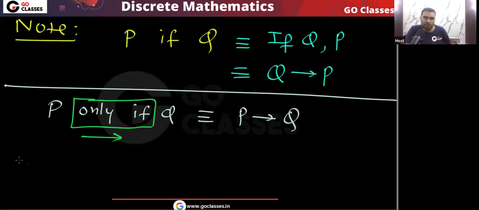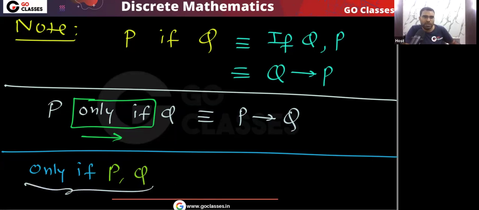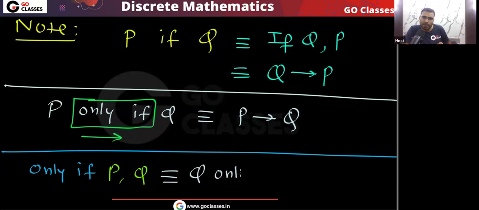For example, don't make this mistake. If I say only if Q P, how to translate this? Very simple. First you write it in between. Q only if P. Now it is very simple. Q implies P.